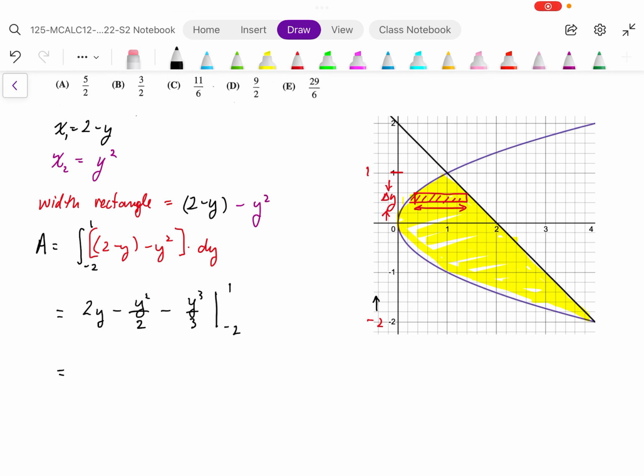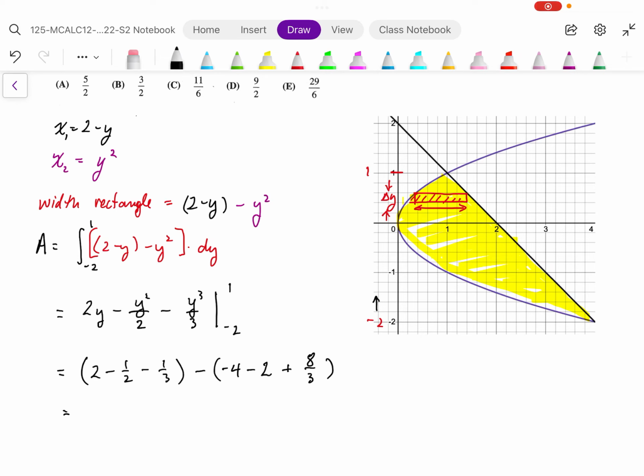Plugging in my bounds, I'm going to end up with 2 minus 1/2 minus 1/3, minus, plugging in -2, I get -4 minus 4 over 2, so -2 minus, plugging in -2, that's going to be positive 8 over 3.